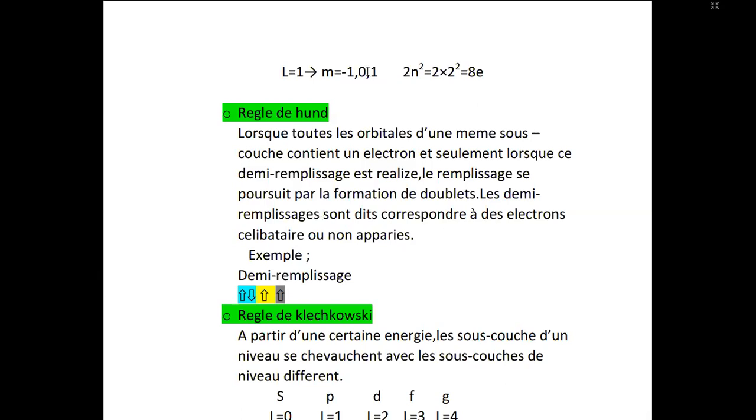So when I add these electrons together, for my N2 to be full, it must have 8 electrons, which you can prove by this formula, 2 N to the power 2, where N is the shell where you are, which is 2 times 2 to the power 2, equal to 8 electrons.